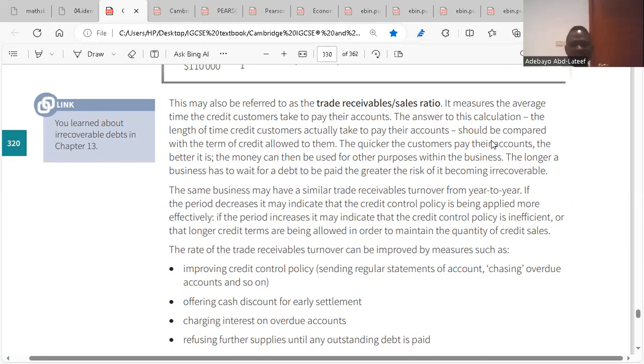Now they said if the trade receivable ratio is high, it is good for the business because the business will have cash available to do other things. But if the trade receivable ratio is low, it affects the business because the business will be short of cash, and even the debt can become irrecoverable. How is that? Let me explain.